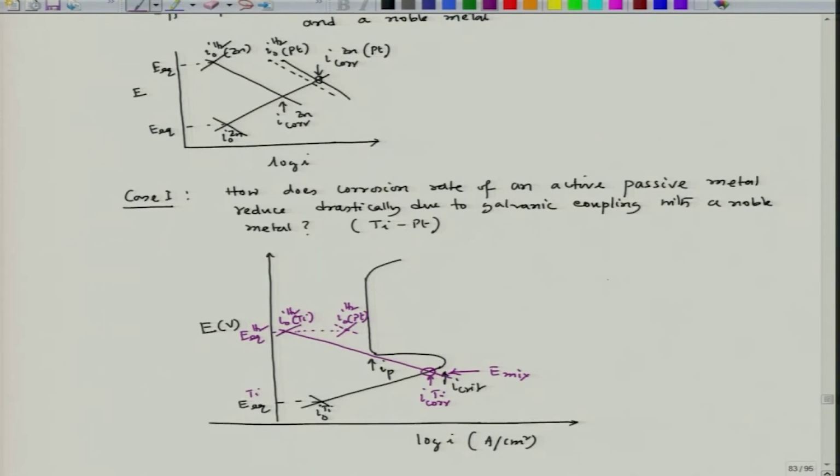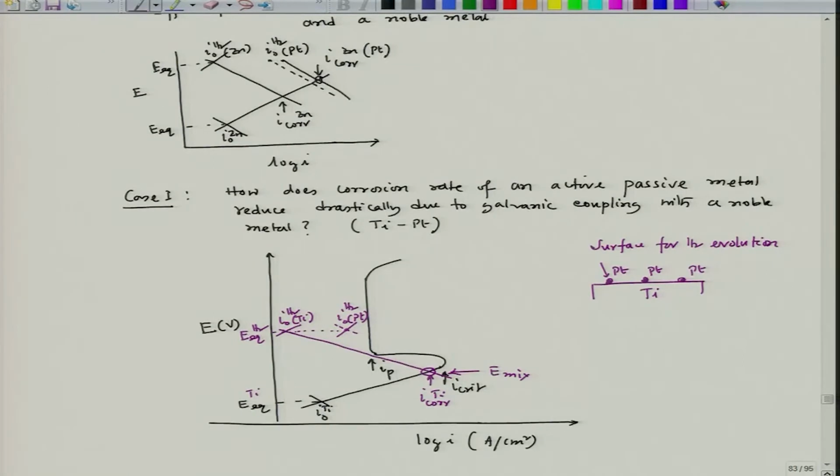That means, if we have a titanium piece with kind of dots of platinum on top of it, these are the zones where platinum is locally present. This provides surface for hydrogen evolution, and the exchange current density of hydrogen evolution on these platinum surfaces will be much higher than the hydrogen exchange current density on titanium surface.